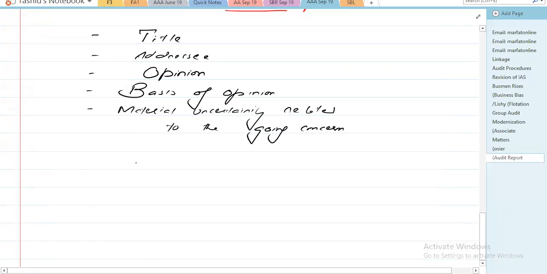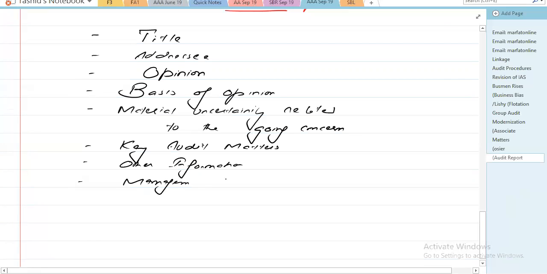And then there will be key audit matters, and then other information. Then management responsibility. I'm just making short headings. You can see the details in your notes, in the report notes. I'm just going to explain these headings in a while. But for the detail, you can just see the notes. Management's responsibility.